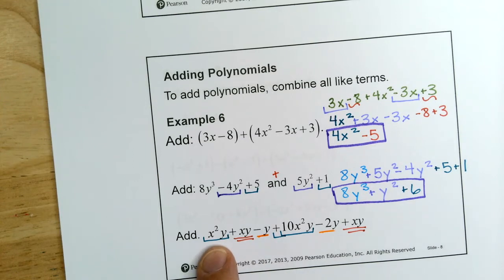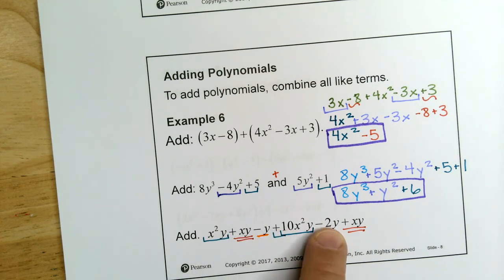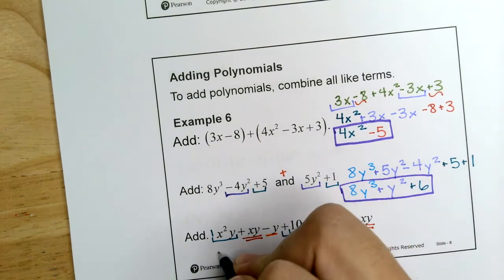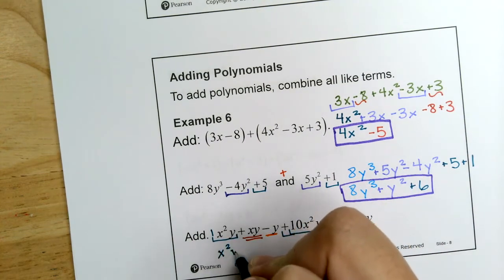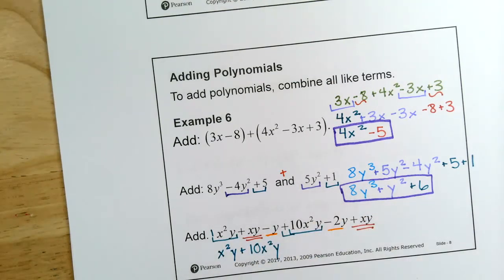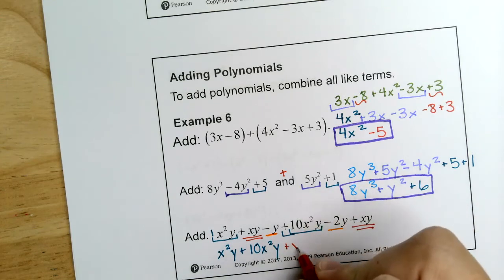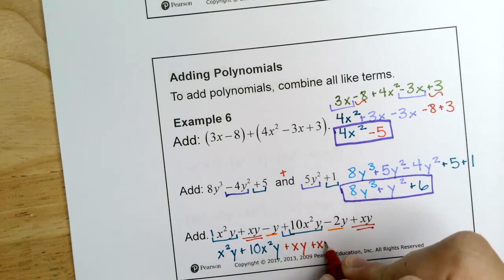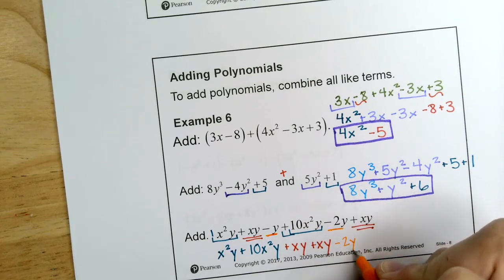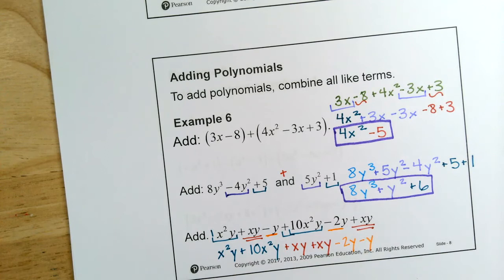Like I said, I start with the biggest power. The biggest power is this one because it's 3, right? 3, 2, 1. So x squared y plus 10x squared y. This one has a 1 in front of it, right? So we would say x squared y plus 10x squared y plus xy plus xy minus 2y minus y. And let's combine them now.